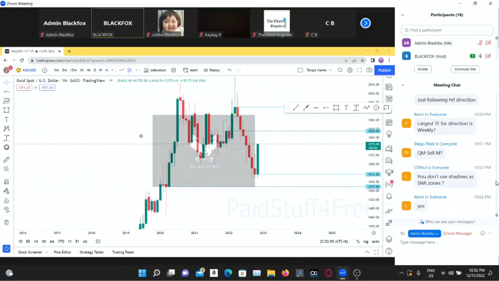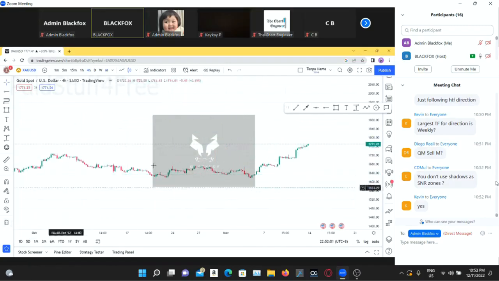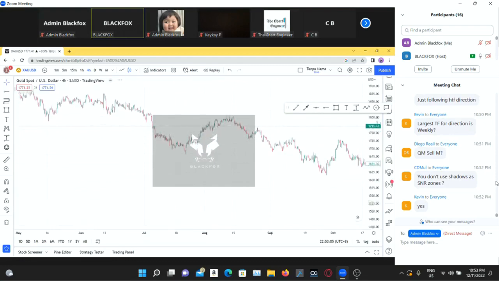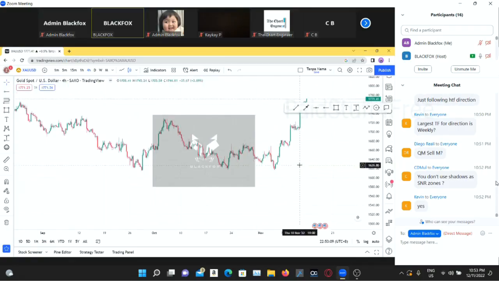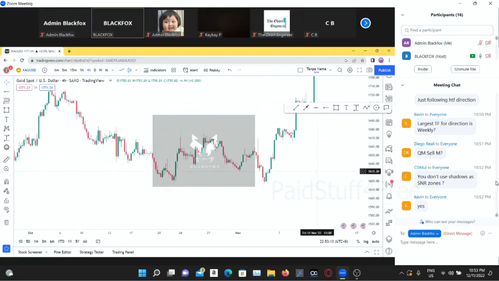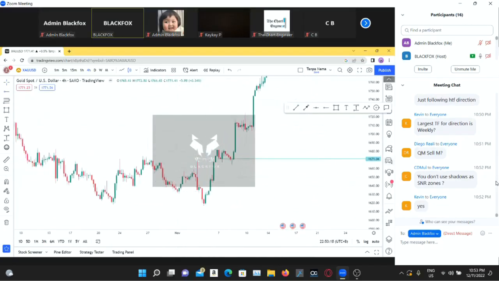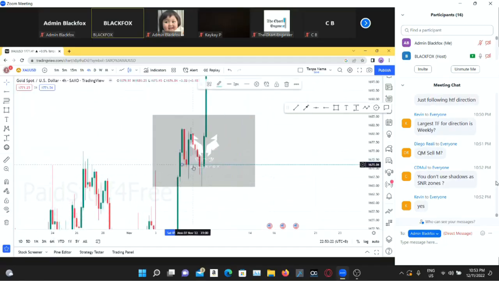I use shadow as SNR zone, just like I marked just now, right? I use SNR zone, SNR shadow. For example, like this one, H4, right? This one H4.